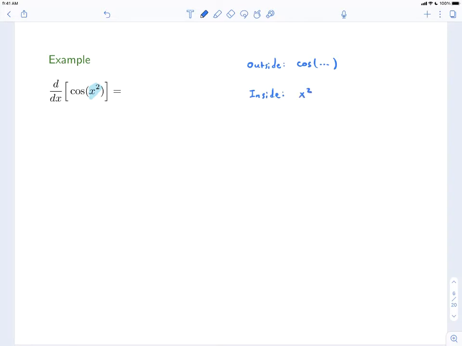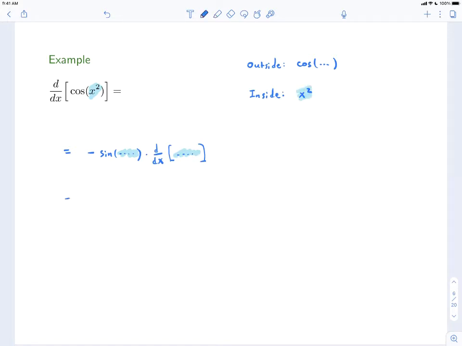So if you want to compute the derivative of this composition, that's going to be the derivative of the outside, but the derivative of cosine is the opposite of sine. So it's the opposite of sine of whatever goes in here, times the derivative with respect to x of whatever went inside. Now this thing inside, that's your inside function, x squared.